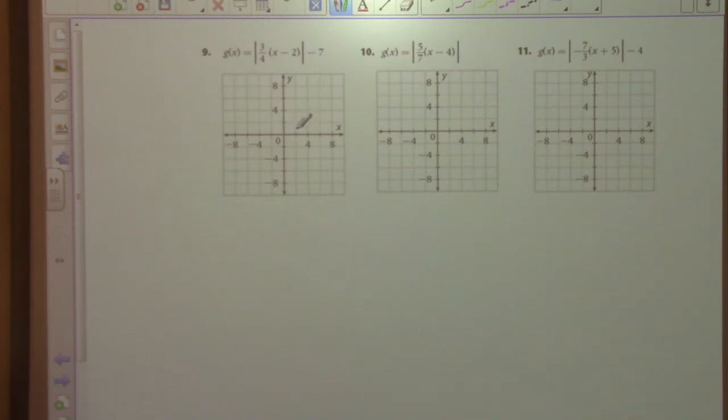So 2 and -7 down like this. And then we have our rise and the run. 3, 4, is that 3, 4 like that? And then 3, 4 the other way, up 3, 4 the other way will be right here.